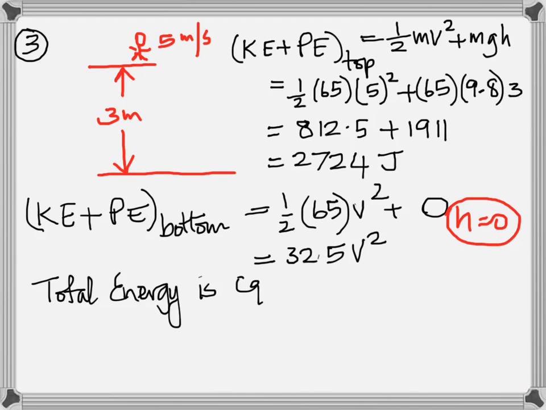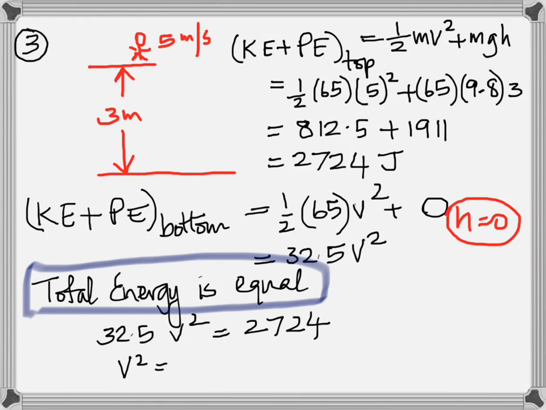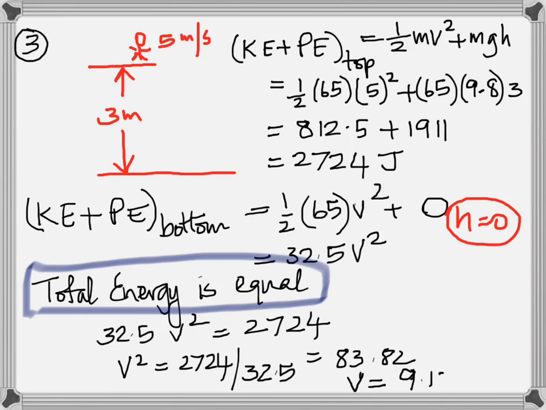So equate them and calculate. When you take the square root of that, you get the answer as 9.15 meters per second.